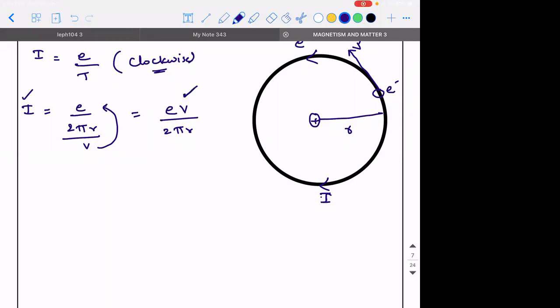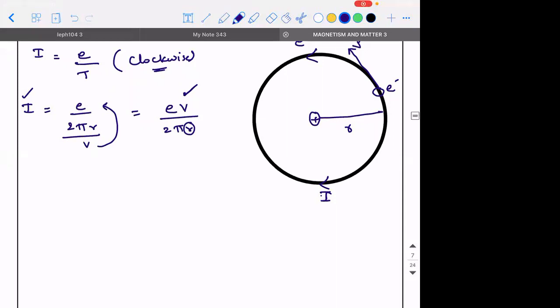It is not possible. And I cannot find the radius of every orbit every time. So I need to convert everything into a general parameter so that things become easy for us. So how can we do that is the question.